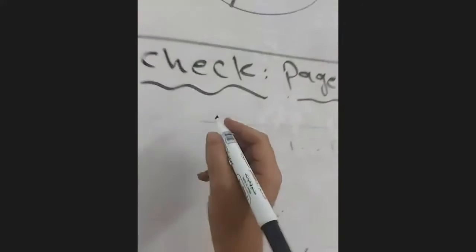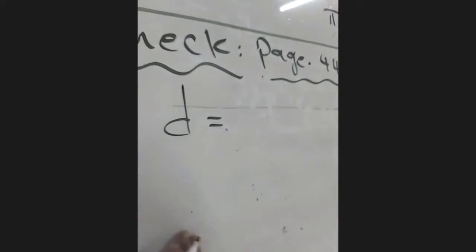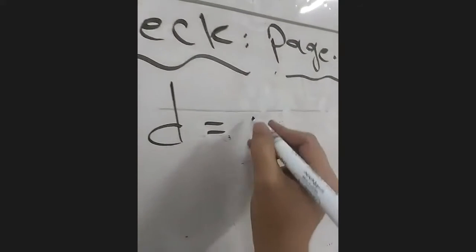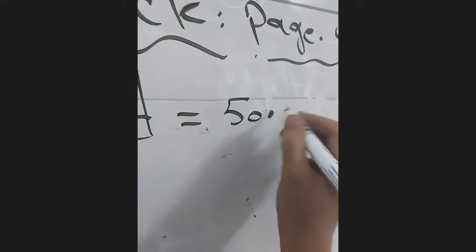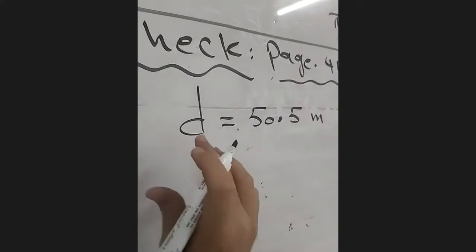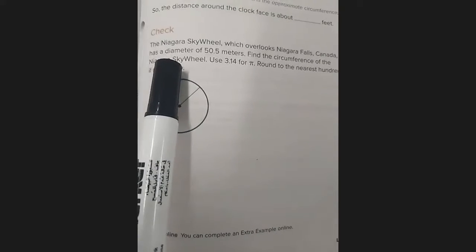The diameter of this circular wheel is how much? 50.5 meters. So the given here is the diameter, guys. Continue. Find the circumference of the Niagara sky wheel.